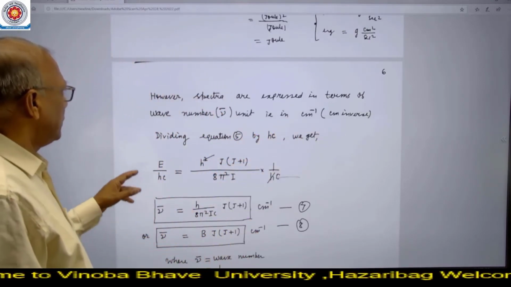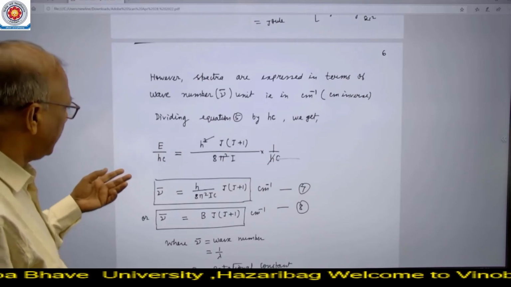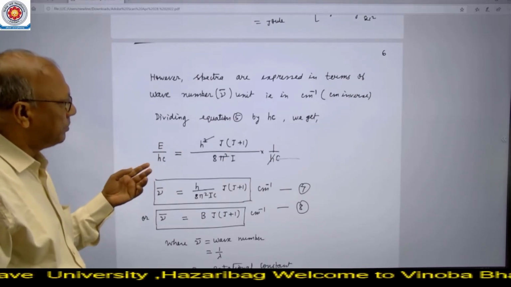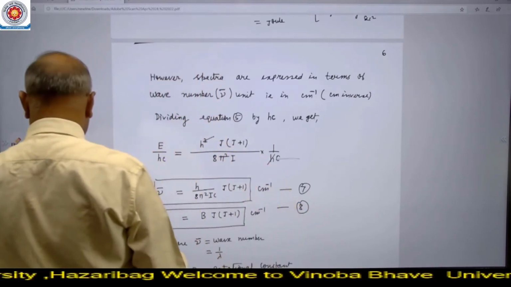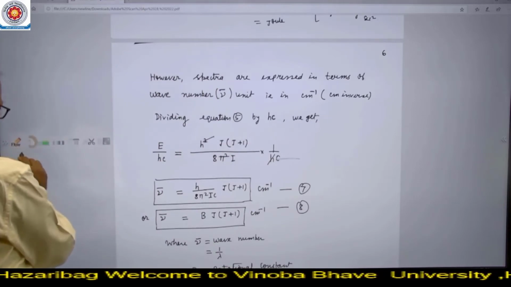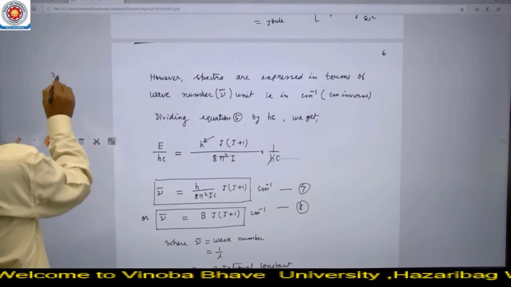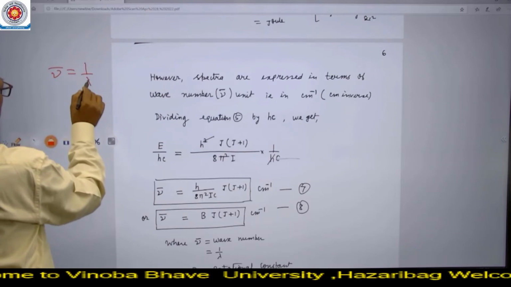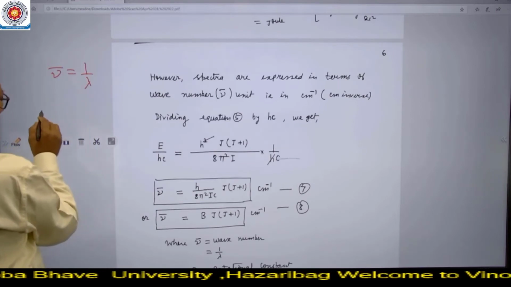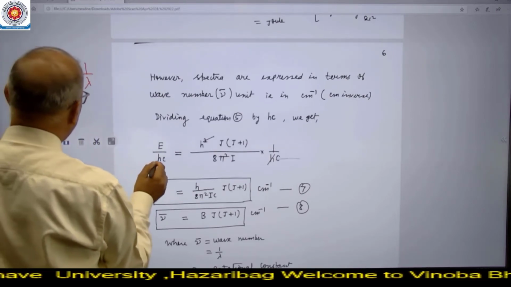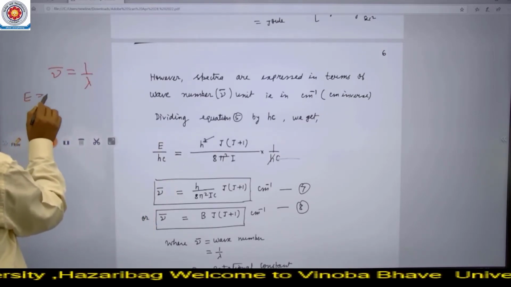So the energy should be converted into the wave number, and if we divide the energy by h into c, then it becomes the wave number, because nu bar is equal to 1 by lambda, and E is equal to h nu.